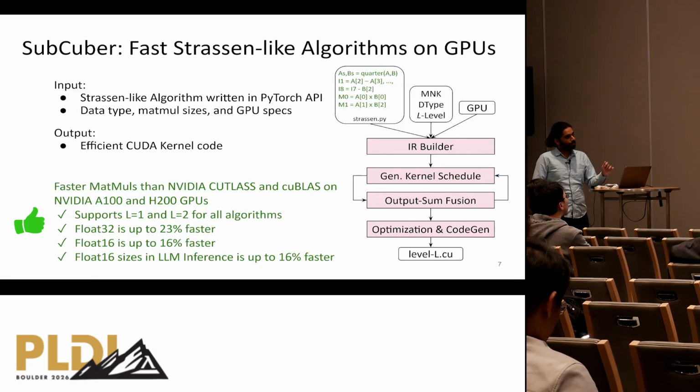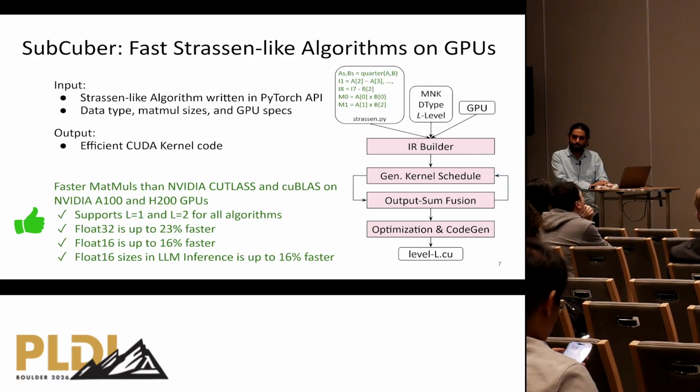And that is why it performs significantly faster as compared to NVIDIA-supplied CUTLASS and cuBLAS libraries. For example, float 32 is up to 23% faster, float 16 is up to 16% faster, and the sizes in the LLMs that we see, like Llama, Phi, and Qwen, are also up to 16% faster.